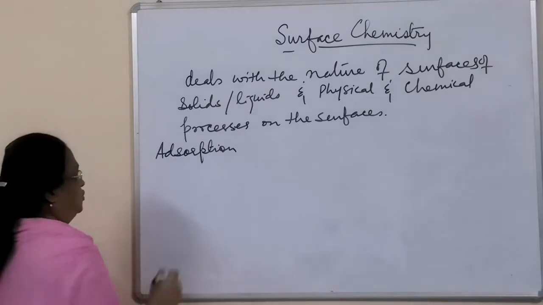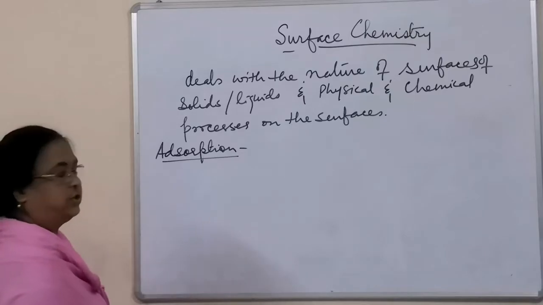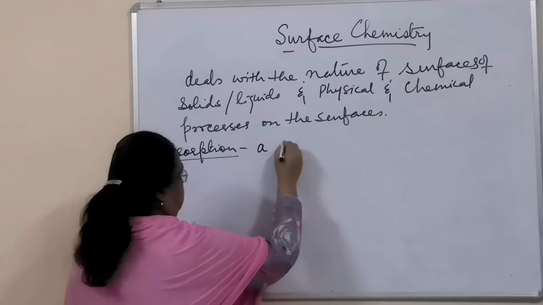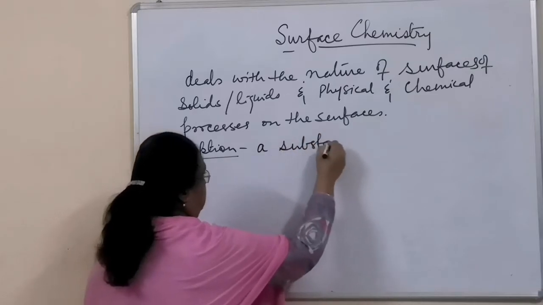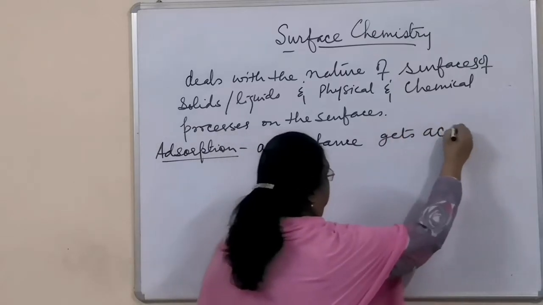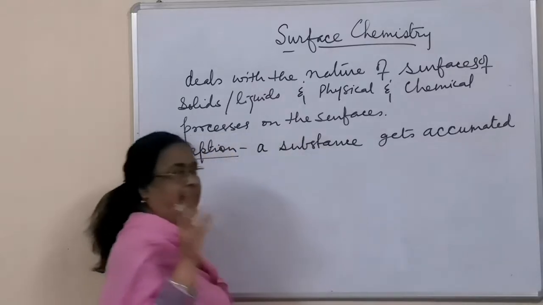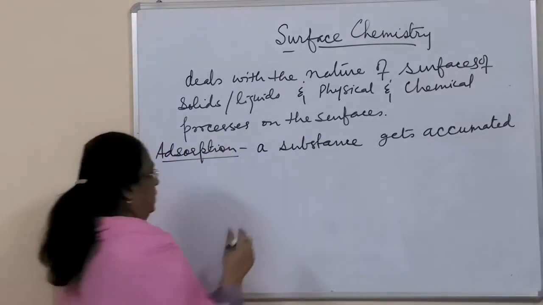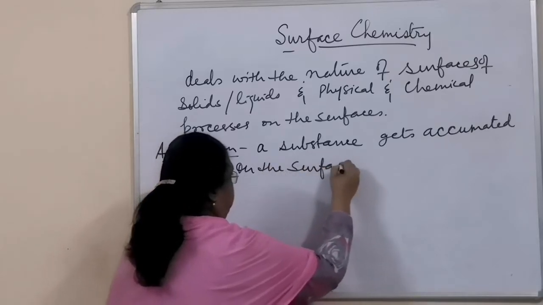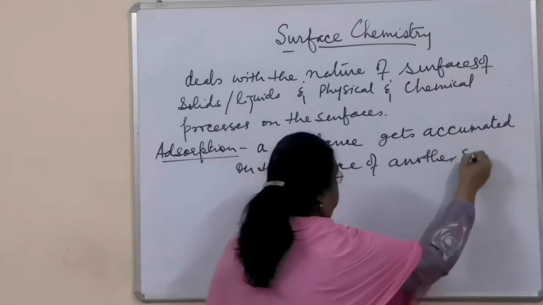Adsorption is a phenomenon in which one kind of substance gets accumulated, meaning gathered or collected, on the surface of another substance.